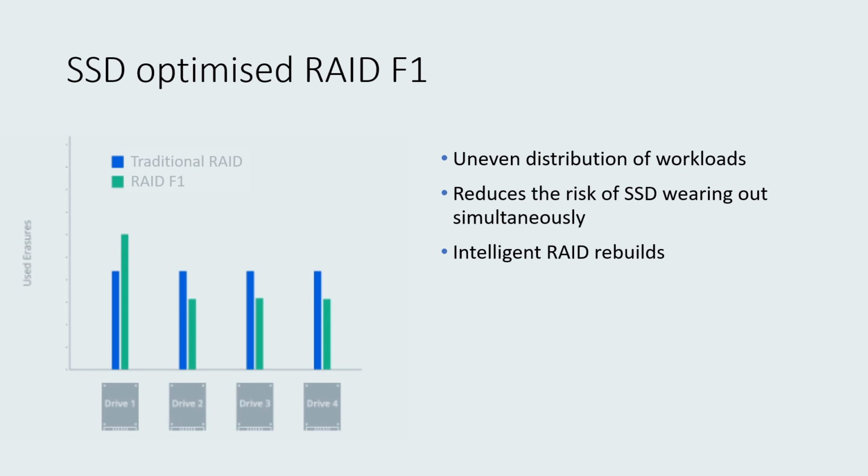Basically, with SSDs, often you're going to buy them from the same batch, and because they have, compared with hard drives, a much lower life expectancy, when one fails, the risk that another one fails very closely after is extremely high. So by writing the parity to the SSD which is most likely to fail first, you reduce this risk, and it means that you're more resilient, and you reduce the risk of 2 SSDs failing at the same time.